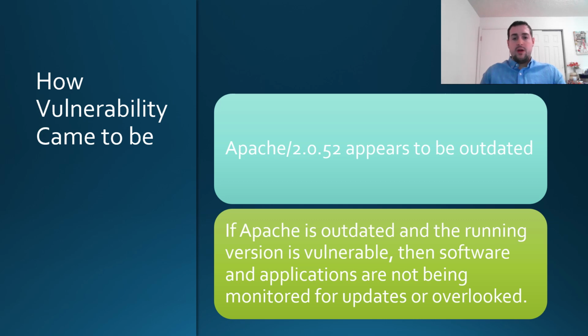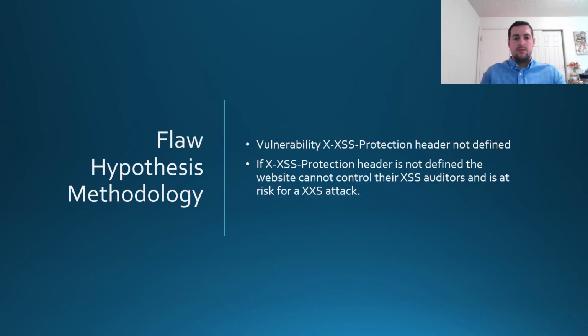Some fixes around this would be to have a tool to search your versions and make sure they're all up to date and security patches are being deployed. Looking into the flawed hypothesis methodology, we saw our vulnerability that XSS protection header not defined. Well, if this protection header is not defined, then the website cannot control their XSS auditors, and it is at risk for a cross-site scripting attack.